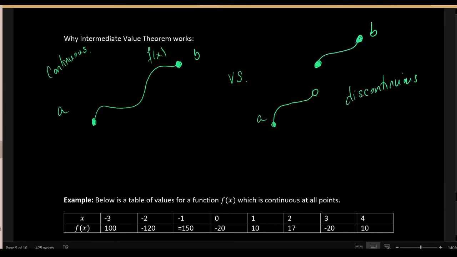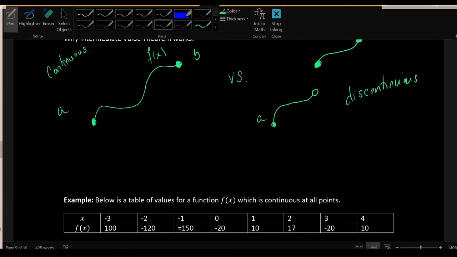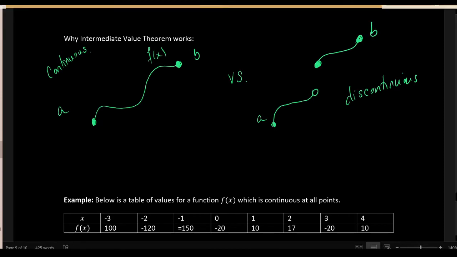If your function is continuous, and you're trying to figure out if the function ever reaches a height of y equals d, if that d value is between the outputs at the left endpoint and at the right endpoint, because the graph is continuous, it cannot jump over the level y equals d. It has to pass through the level y equals d.